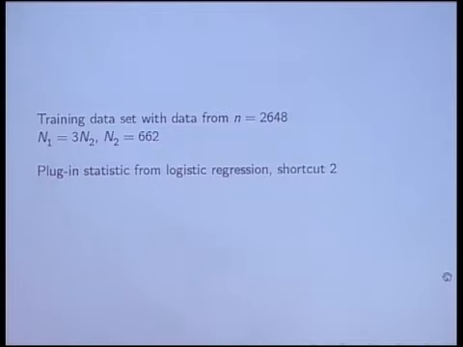So I extracted training data from this data set. In this set of 20-something thousand patients, I took all 662 people who really died. Then I did a little stratification for gender, and took 3 times as many patients who survived. I used the plug-in rule from the logistic regression with the shortcut I just mentioned.